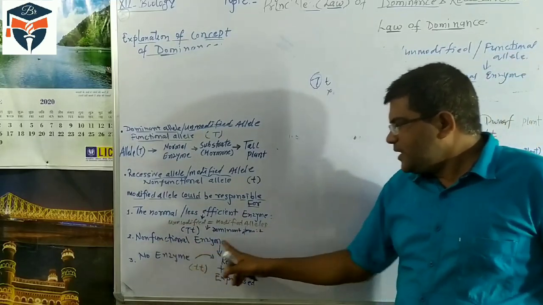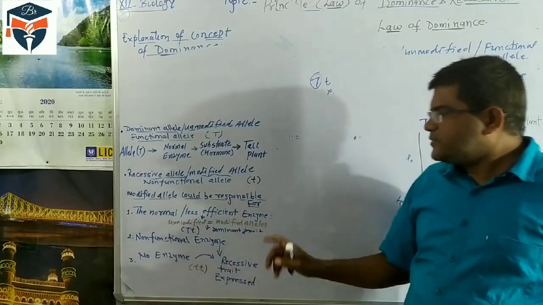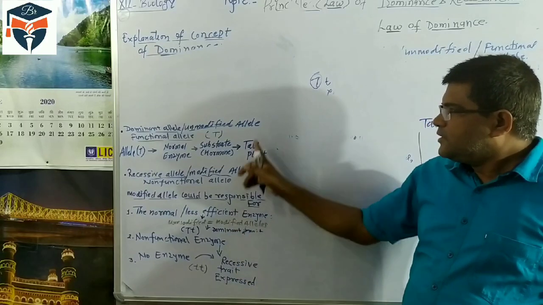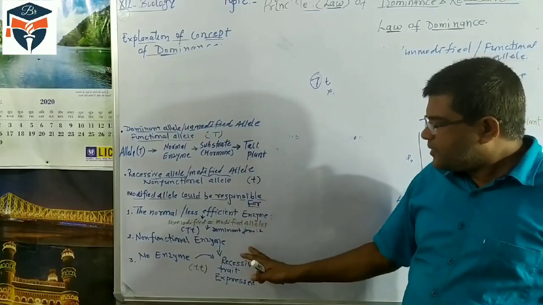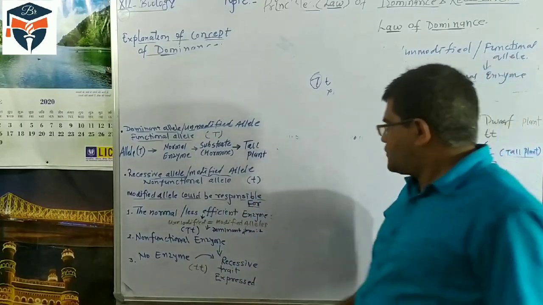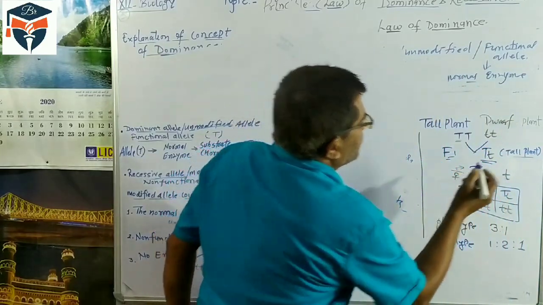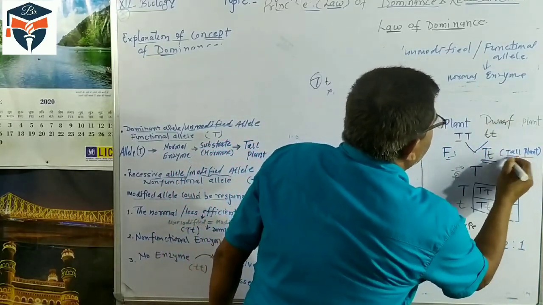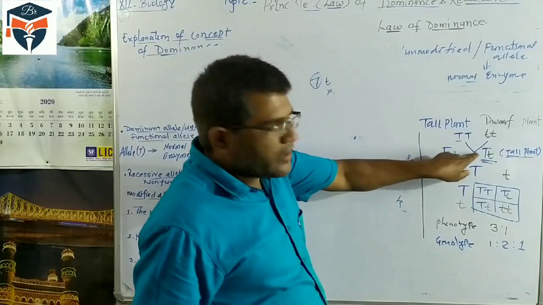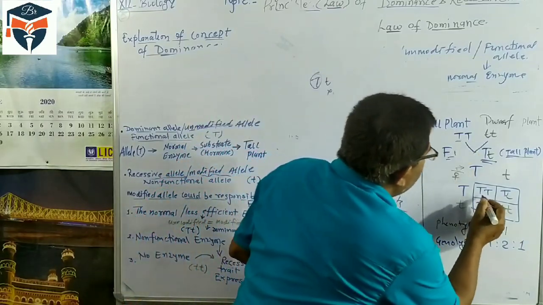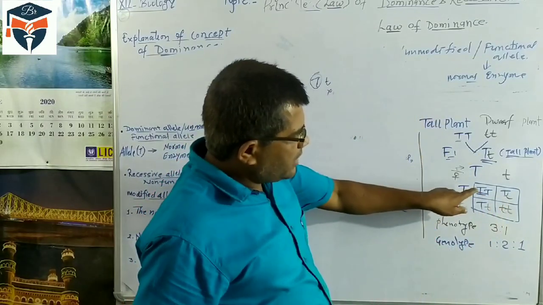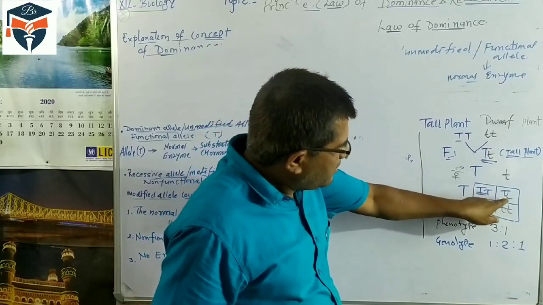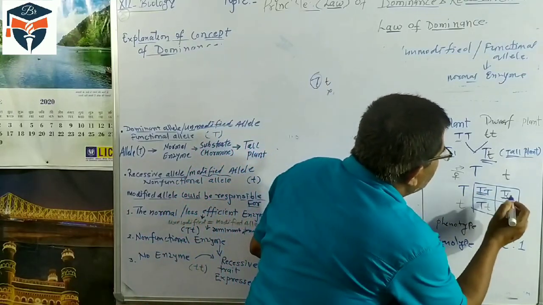If non-functional enzyme or no enzyme is there, the dominant character will not be expressed and the recessive trait is expressed. So you see here capital T, small t: the dominant trait will express because capital T is here. With capital T, capital T, both alleles are dominant, so the dominant trait appears. Here also one T is there, a dominant allele.